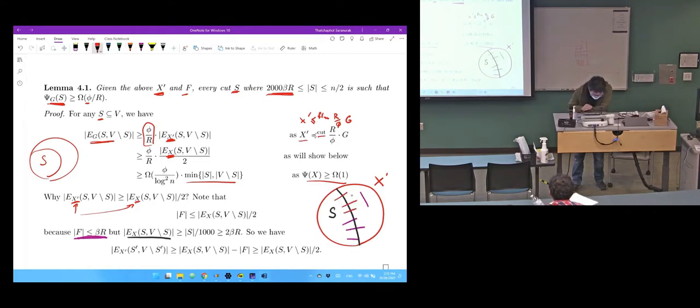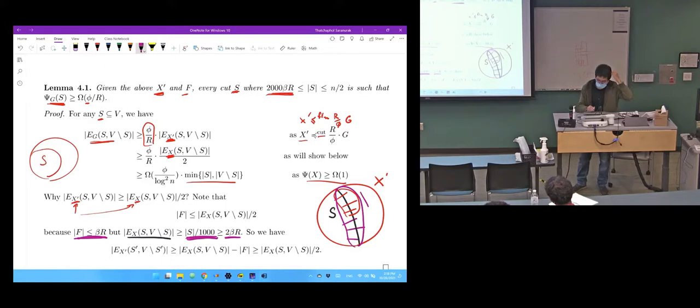so in X there are both real edges and fake edges, but this thing together is big, because X itself, after you union with the fake ones, you get an expander, right? So this thing is big, and how big? It must be this big, because you define S to be big enough.